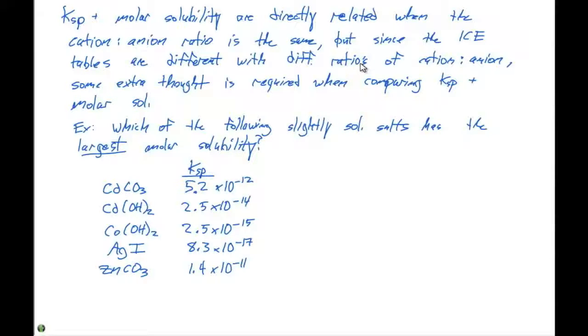That's a pretty small number. How easy do you think it is to measure that? It's tough. You know how small that value is? So you're going to see different sites. Depending on when the data was collected, the KSP values may fluctuate. Even if you look in one textbook to another textbook, the values will change.